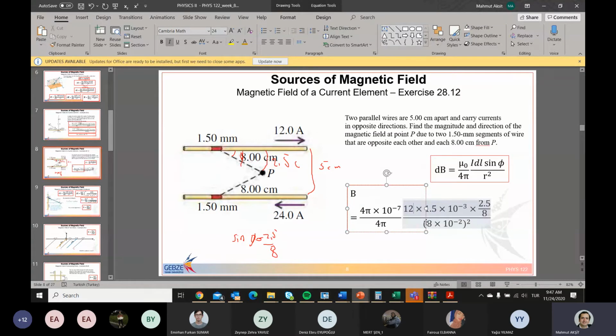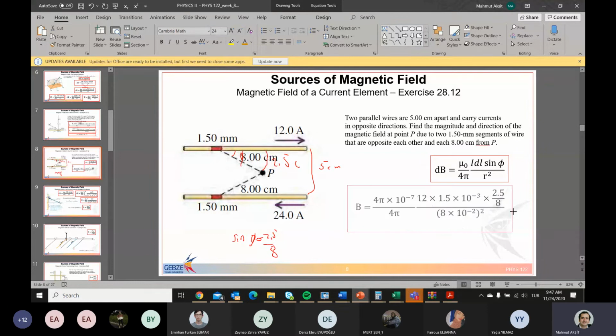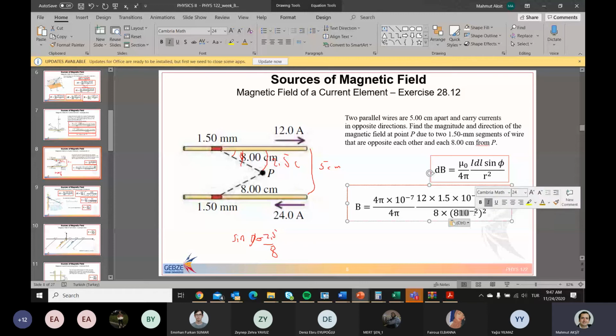So instead of 8 times 10 to the minus 2 squared, let's make it 8 multiplied by 8 and take this out. We have another 8 here.